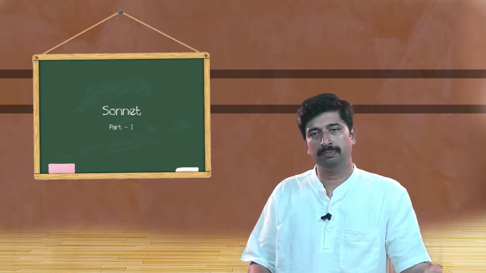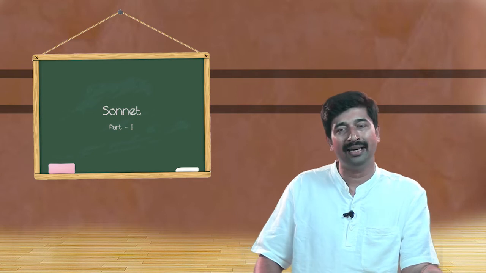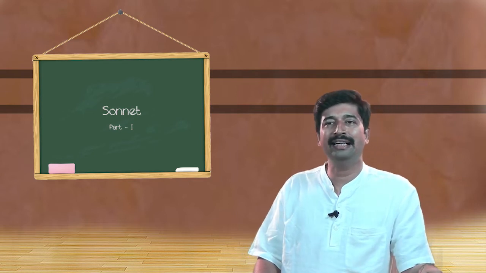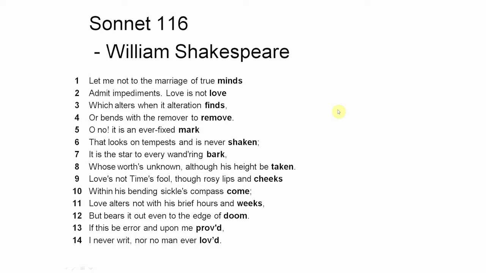If you look at the poem for the sake of end rhymes, you can find a very interesting rhyme scheme. Let's look at the words which end the lines. Minds, love, finds, remove, mark, shaken, dark, taken, cheeks, come, weeks, doom, proved, loved.